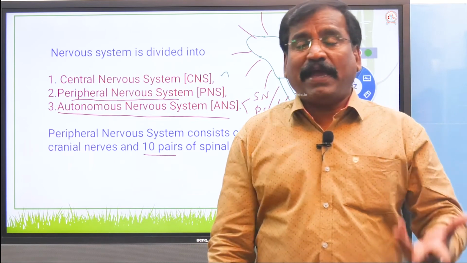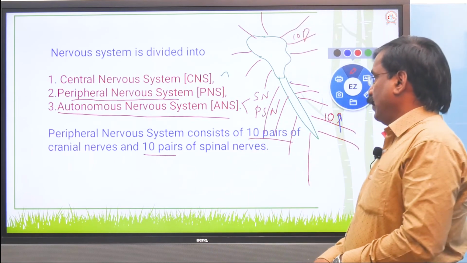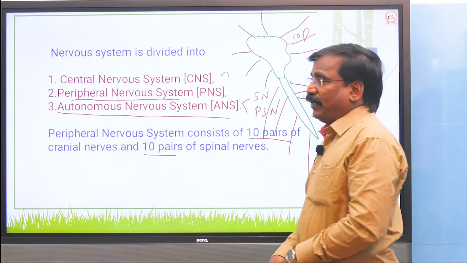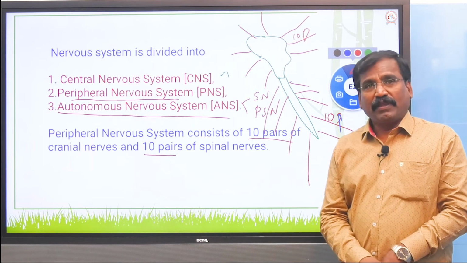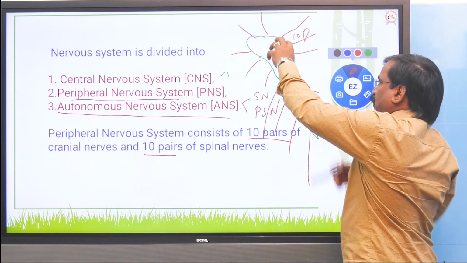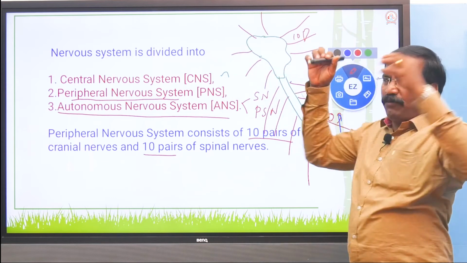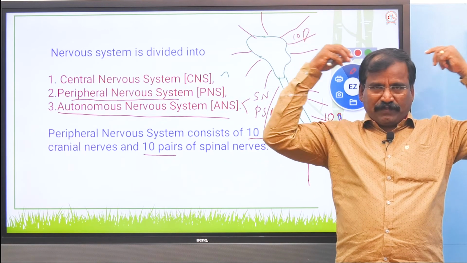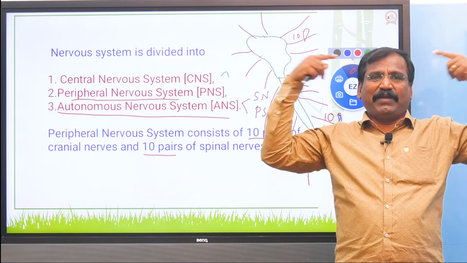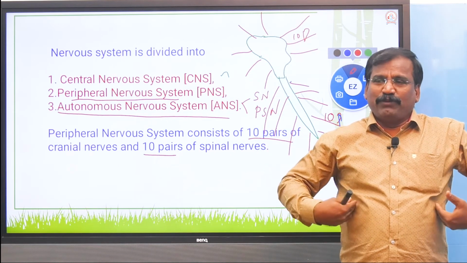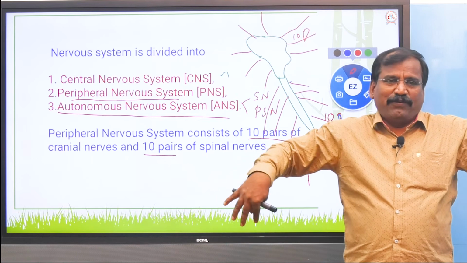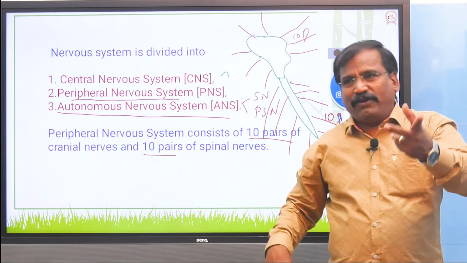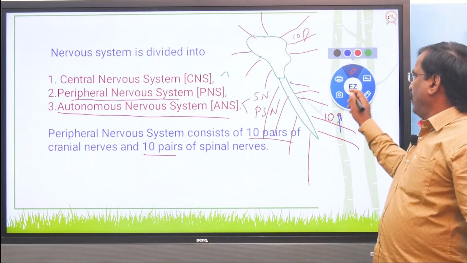How many pairs of the cranial nerves? How many pairs of the spinal nerves? 10 plus 10, easy. On this side 10 nerves, on that side 10 nerves, so that is 10 pairs. Similarly in the spinal cord, on both sides. OK, that's all.